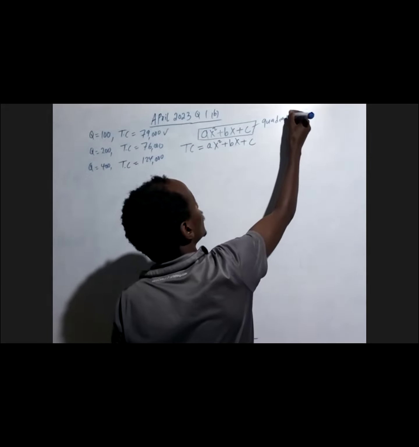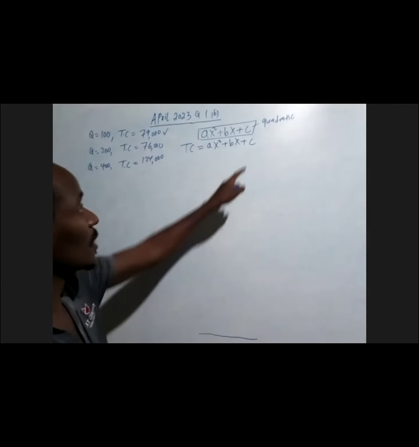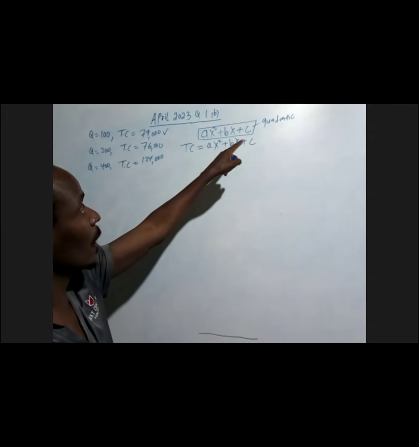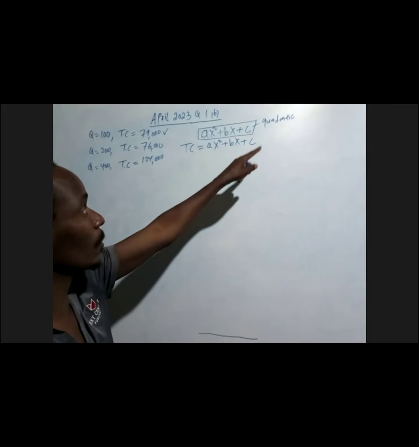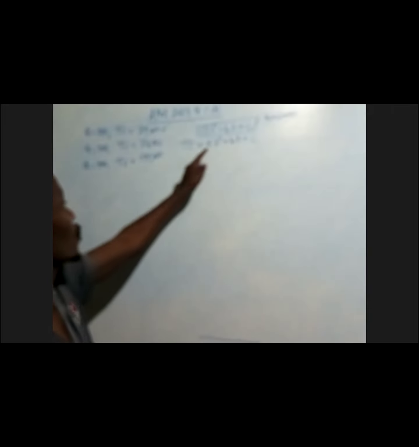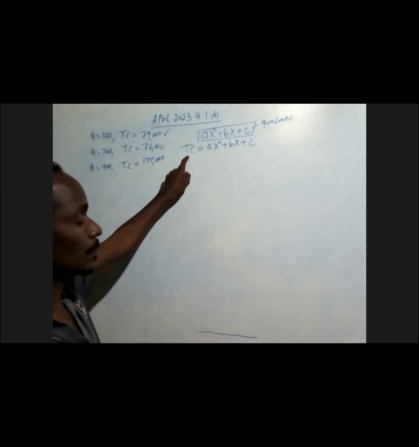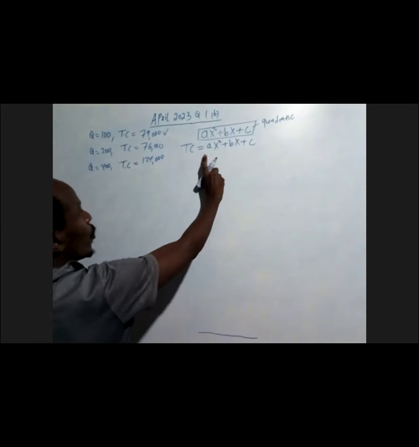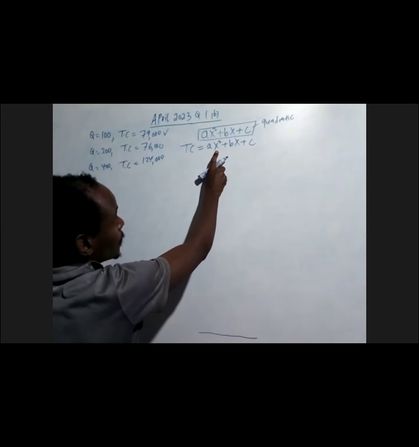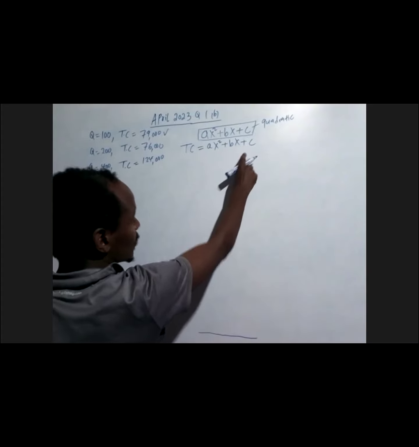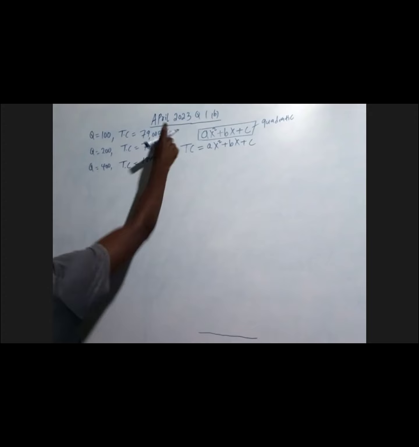Those who joined the previous class know what I'm saying. Because we already know that our total cost is quadratic in nature, we can say that our total cost is a function of x, but we have ax squared plus bx plus c.